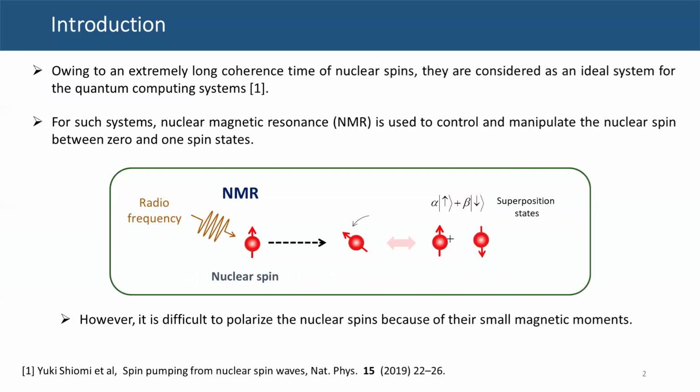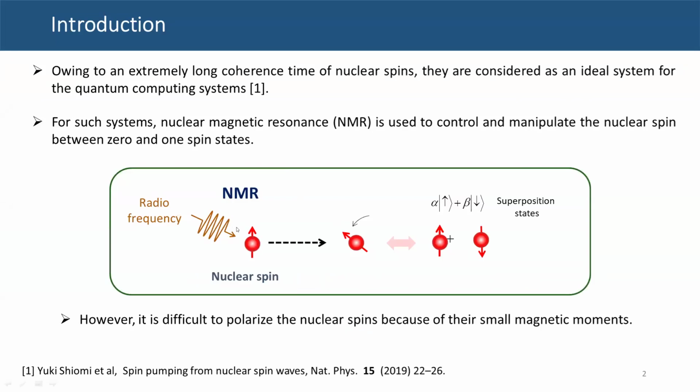Compared to the electron spin, owing to the extremely long coherence time of nuclear spin, they are considered an ideal system for quantum computing. For such a system, nuclear magnetic resonance is used to control and manipulate the nuclear spin between the 0 and 1 spin states. As you can see here, this is the nuclear spin in red.